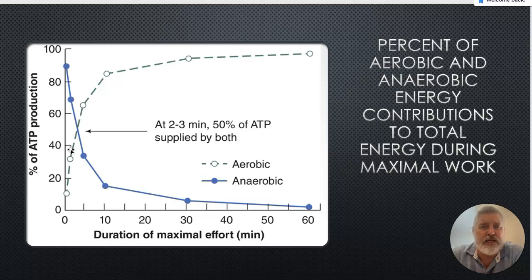So it's great because it's immediate and it's very intense, but we're limited. And so as soon as I start utilizing that ATP, I'll replenish my creatine phosphate stores. So I can't use the anaerobic forever.